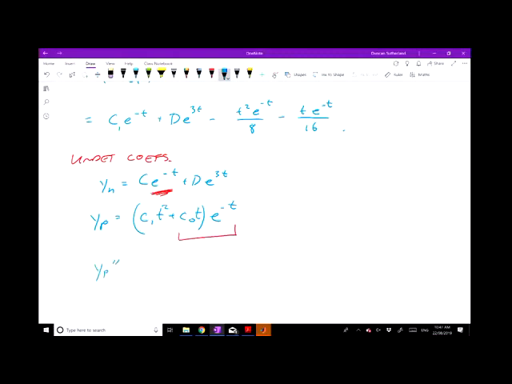yp prime equals I'm going to have to rush through the rest of this example now. Okay, so that's product rule.